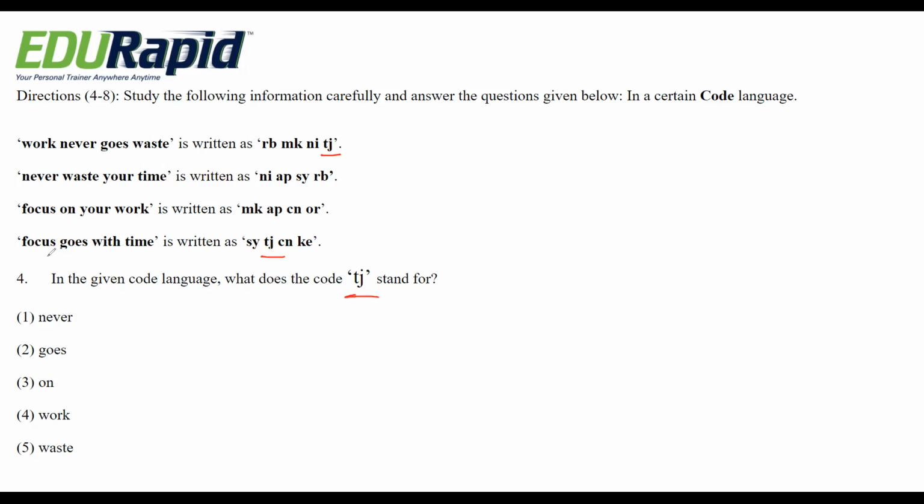Work is not in the fourth sentence. Never is also not present. Goes is present in the first and the fourth sentence, and waste is also not present. So we can say that for TJ, goes is the code. Like this, you have to analyze. It is very easy. If you practice one or two problems, you can answer within 2 seconds.